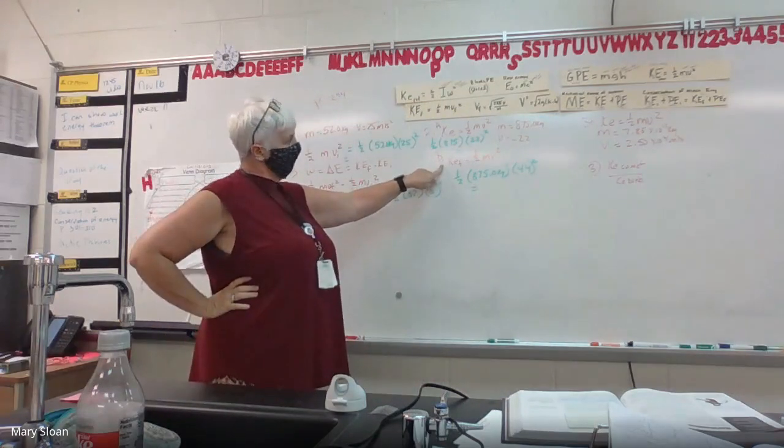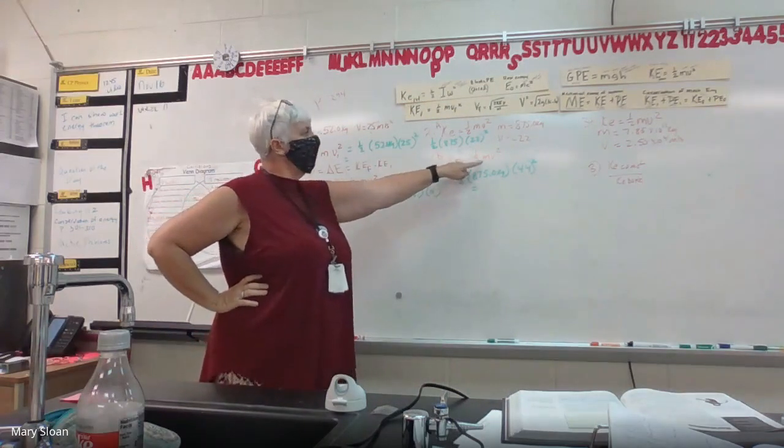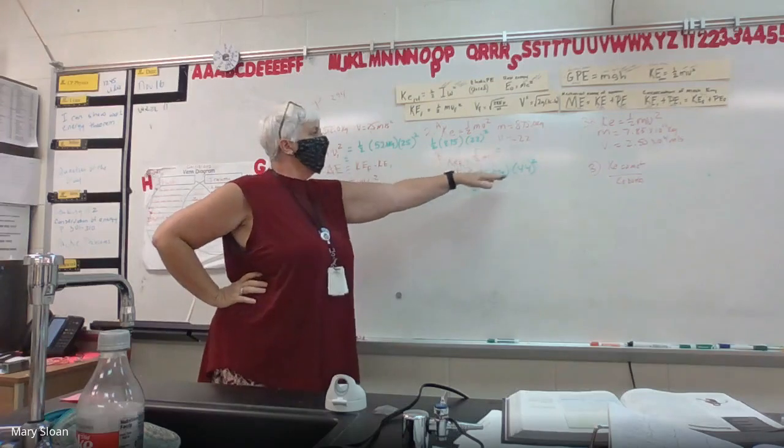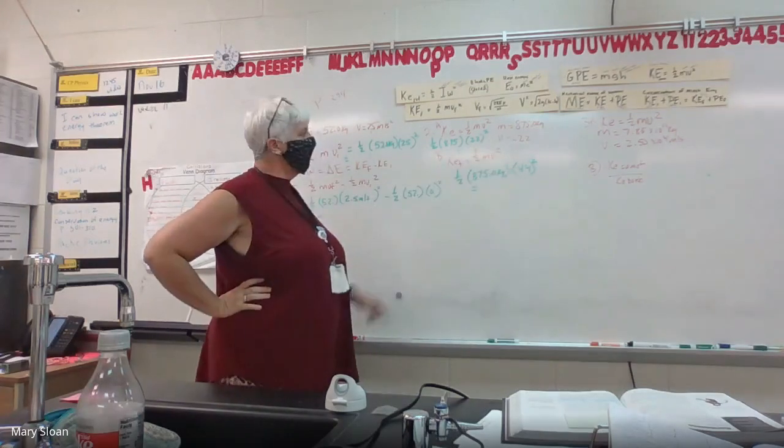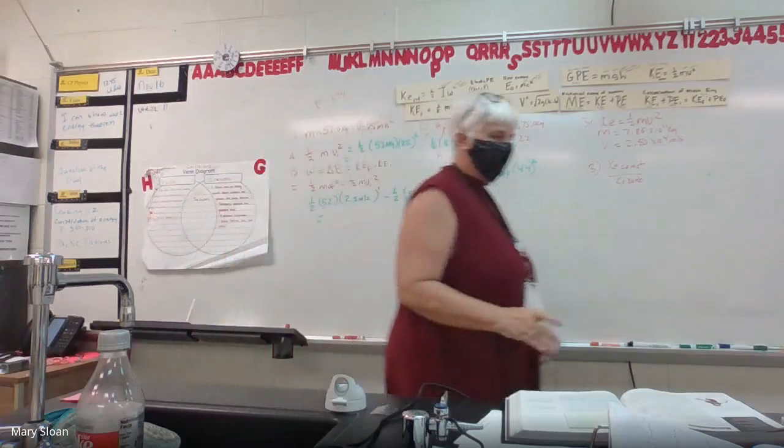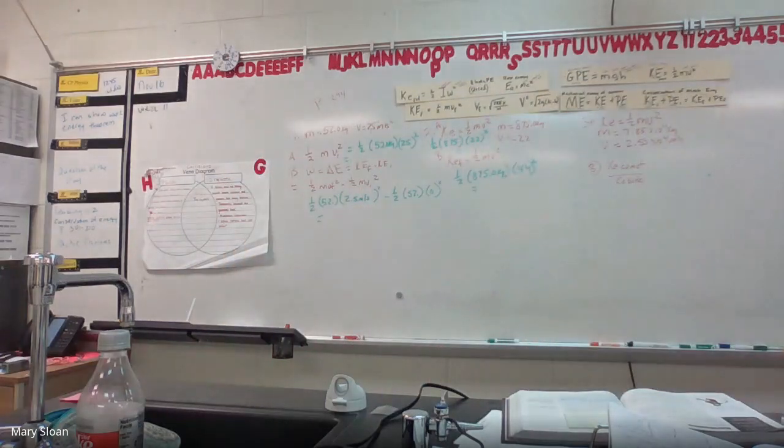For kinetic energy final, we're going to do 1/2 of the mass times velocity squared. This time we're going to use 44 for the velocity. Tell me what your answer is, or show me. Because it doubled.